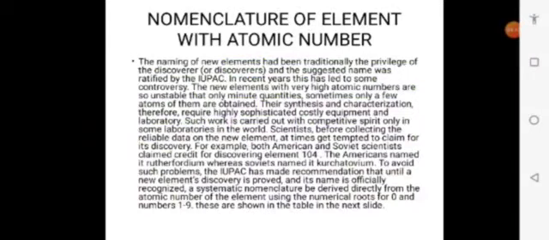Now the nomenclature. Some years ago, the discoverer of an element gave it a certain name, but IUPAC suggested that elements can also be named in a particular IUPAC manner.